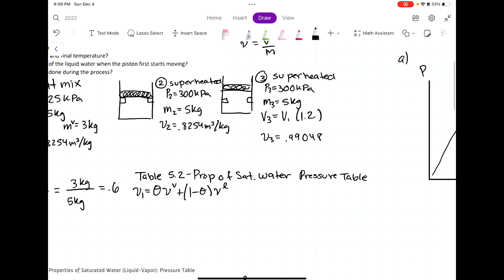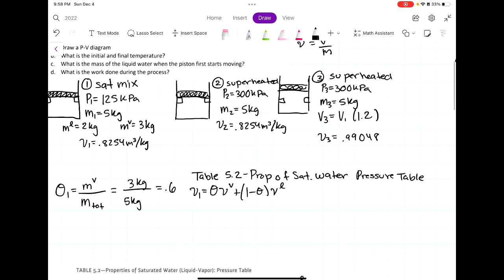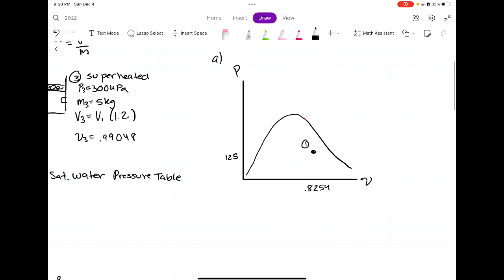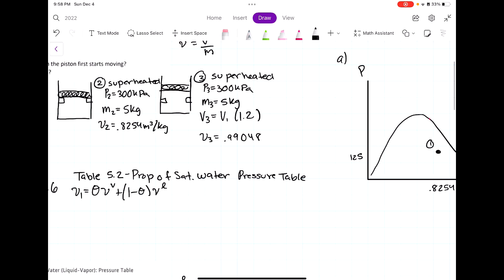So I'm just going to put it right here, as my first state, where the pressure is 125 and my specific volume is 0.8254, right? Yes, great.